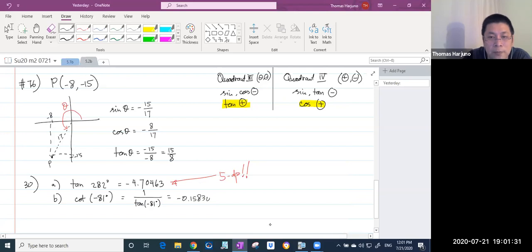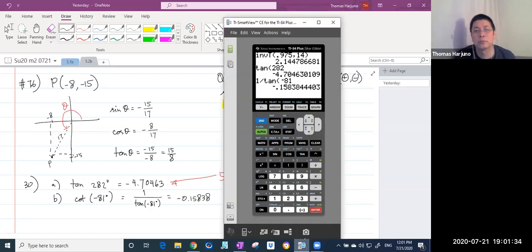So don't forget that yesterday I only taught you to use sine, cosine, tangent, right? But what happens if we have cotangent? Now you need to compute that as the reciprocal of tangent.